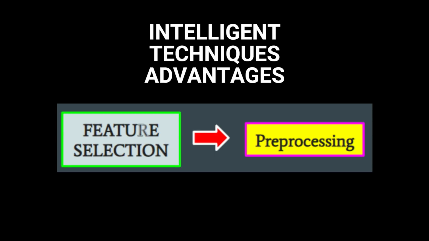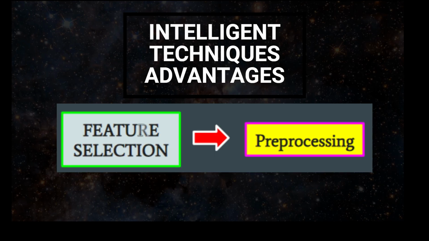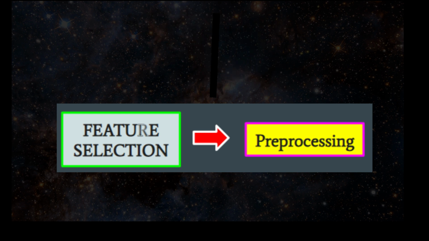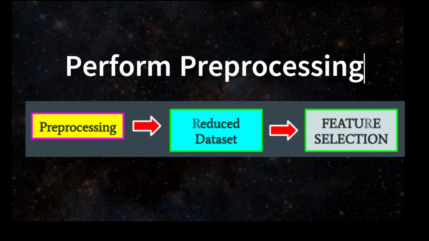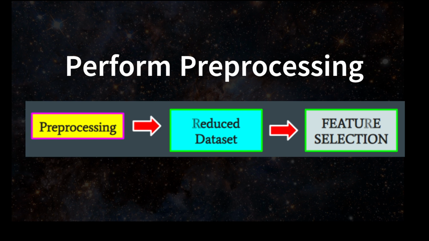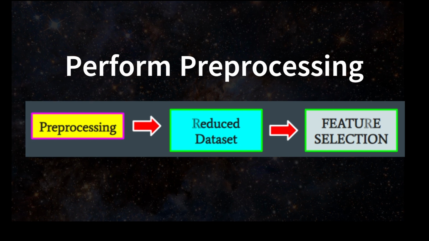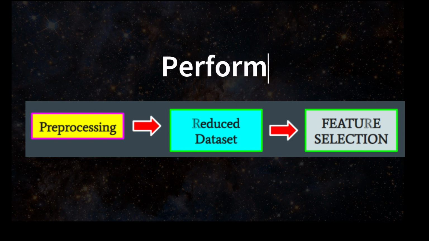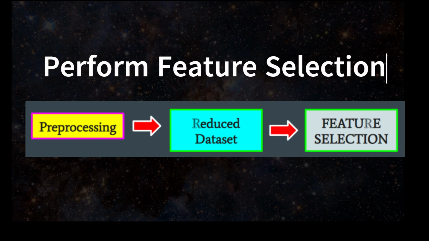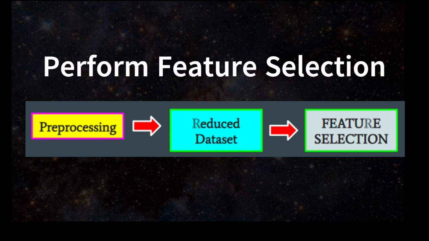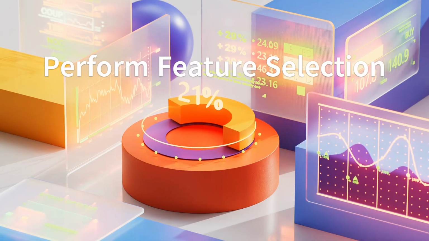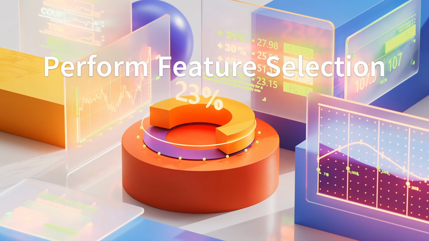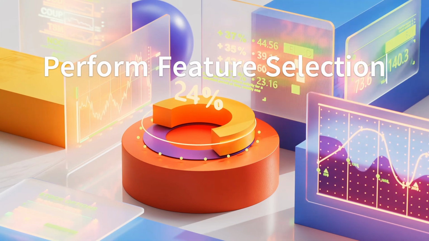So when we are doing the feature selection, first we will perform pre-processing. This one is an important step. Using pre-processing, we can reduce the dataset, and after that we will perform the feature selection phase. Here we can select the optimal and the relevant features for the further classification. So initially, the feature dataset is decomposed into subcomponents, based on the needed features for the further classification.